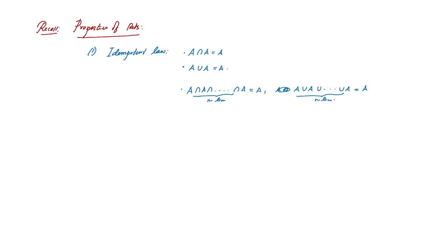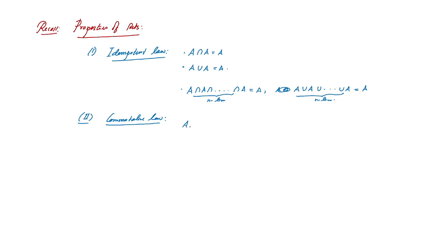Now we come to the next important property, the commutative law. You can prove all these laws, but you need to recall them.